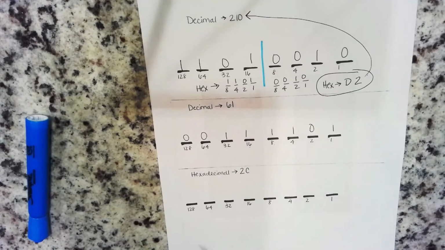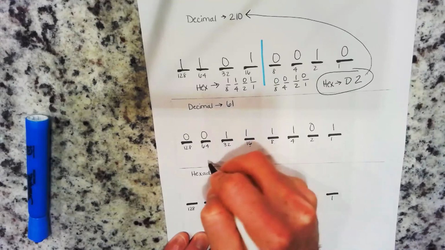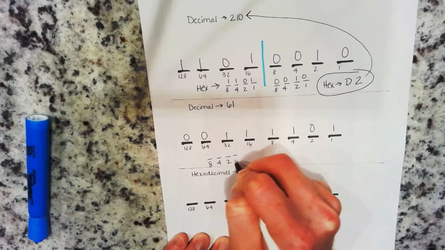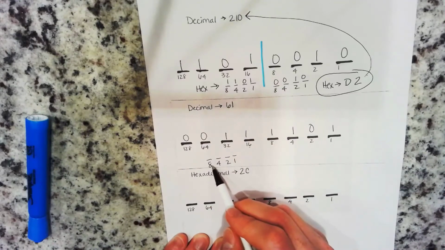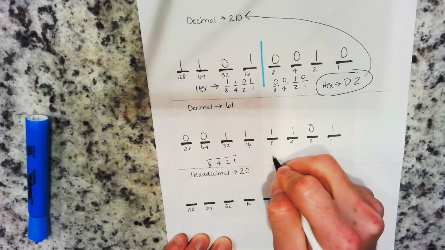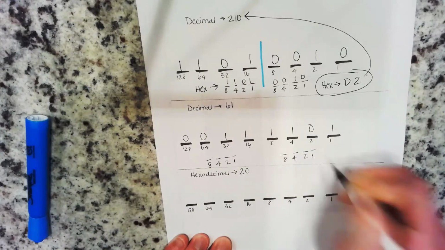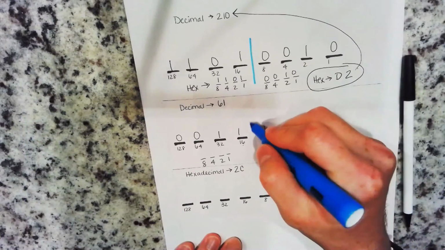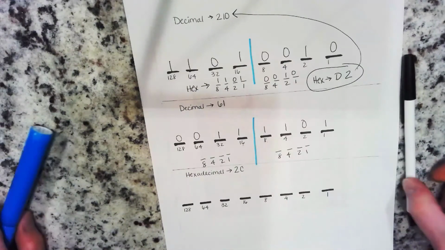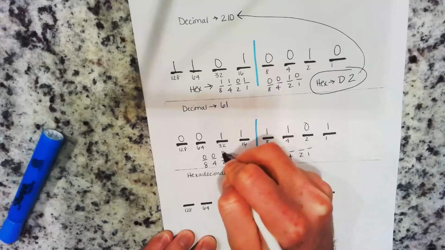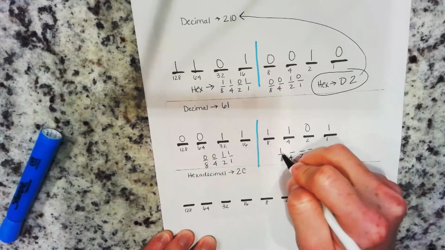All right, so that's my binary. I'm trying to get to hexadecimal, so I write this out: when you think of hexadecimal, you should think 8, 4, 2, 1, 4 placeholders. I'm going to draw a line to split these one more time, and I'm taking these bits directly down here.